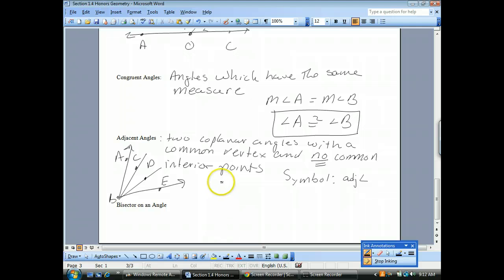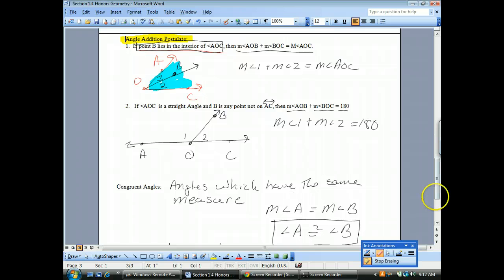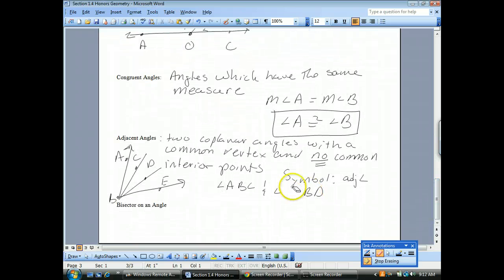So we can say that angle ABC and angle CBD are adjacent angles, because they share a common side, but they have no common interior points.